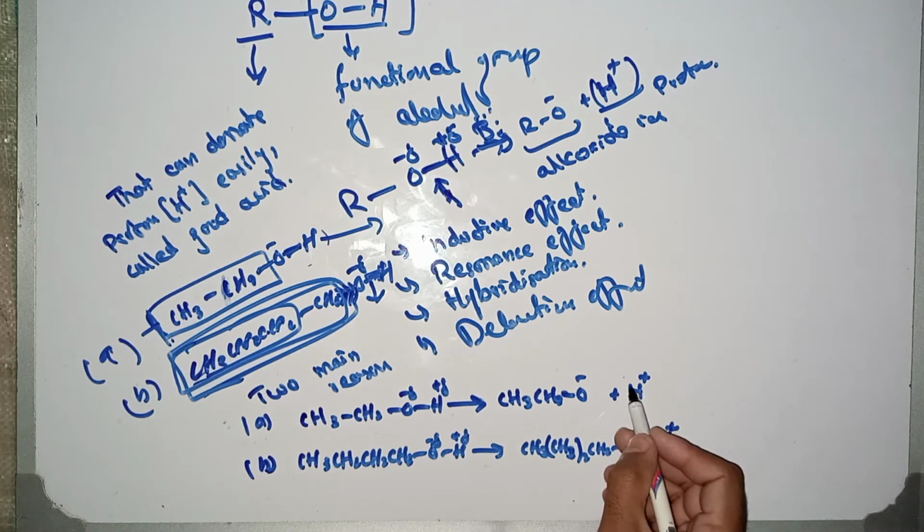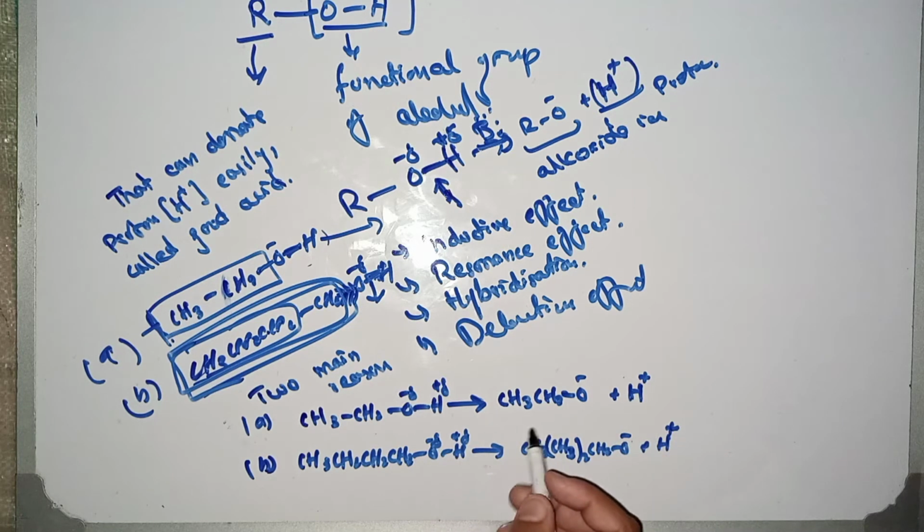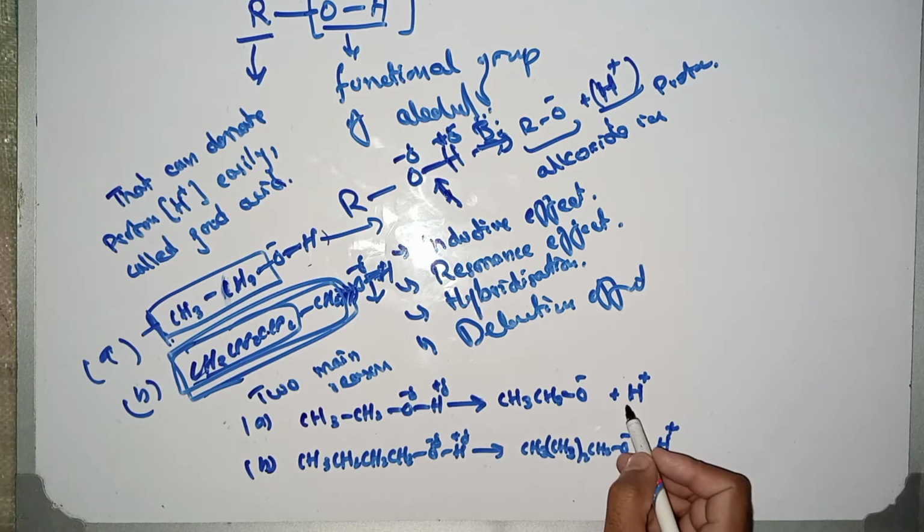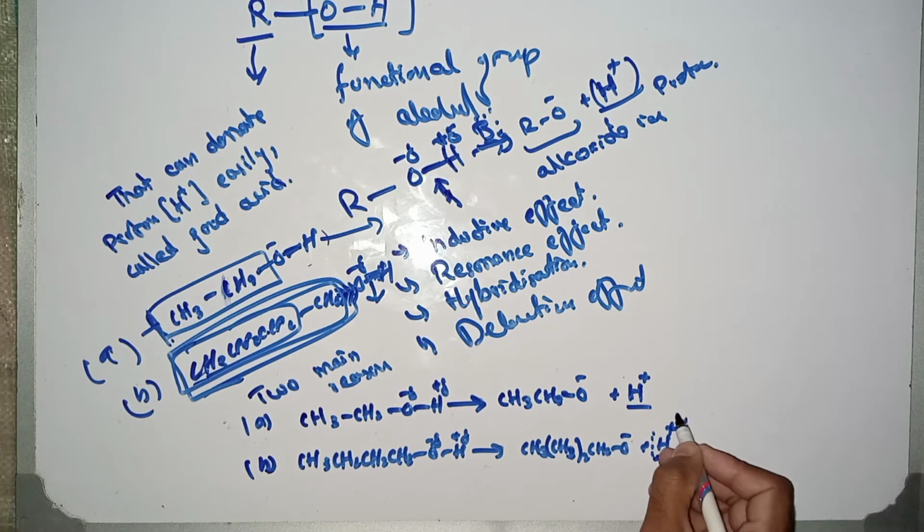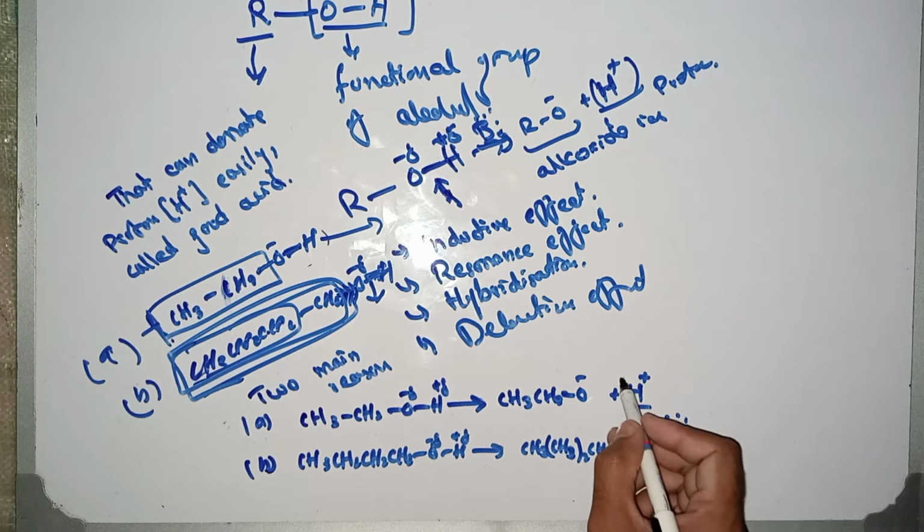In the first case, in case of the ethoxide ion, a proton is also generated. In case of the butoxide ion, a proton is also generated. In both cases the proton has the same size and the same positive charge.